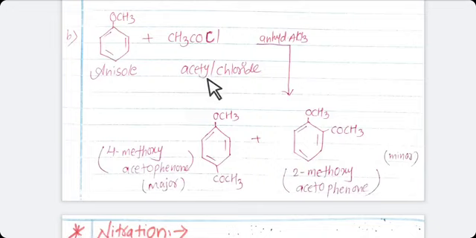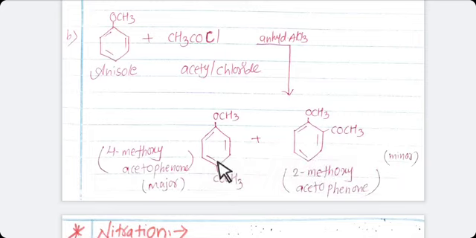Same here, the COCH3 group is attached on the ring either on the para position or on the ortho position, in presence of the catalyst, which is nothing but anhydrous AlCl3. Same here, when the COCH3 group attaches on the para position, it is the major compound, and when it is on the ortho position, it is the minor compound.